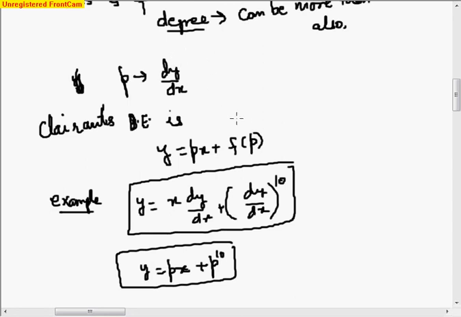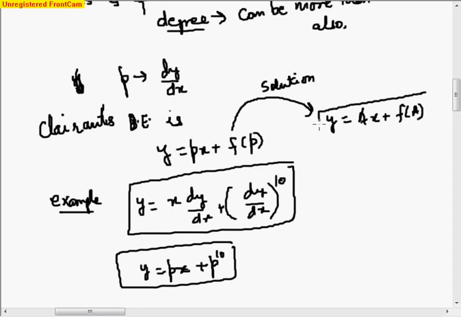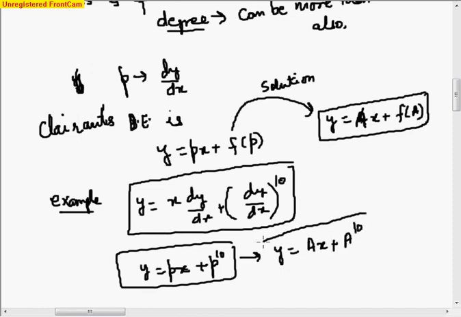I know that if I am solving a differential equation of order 1, I'll get one arbitrary constant in my solution. For example, for this differential equation, the solution is y is equal to ax plus a raised to power 10. How come that is a solution?